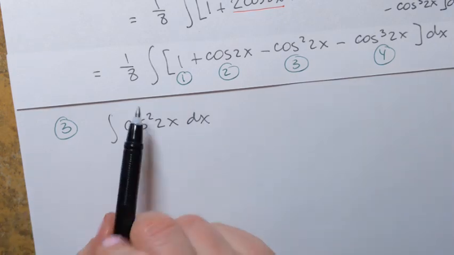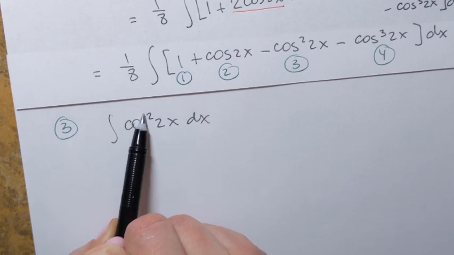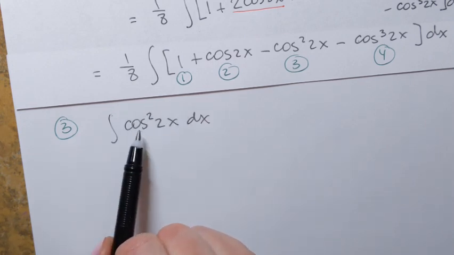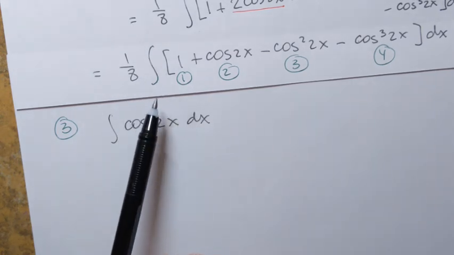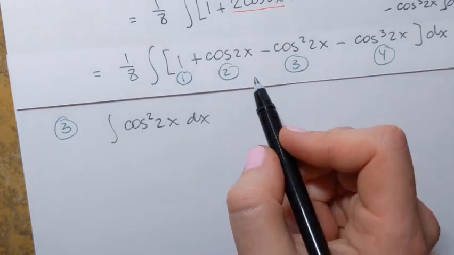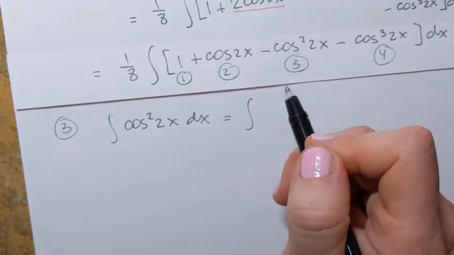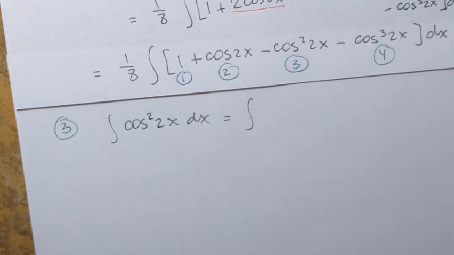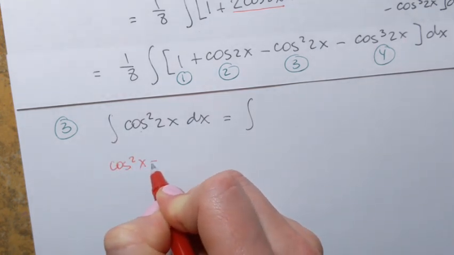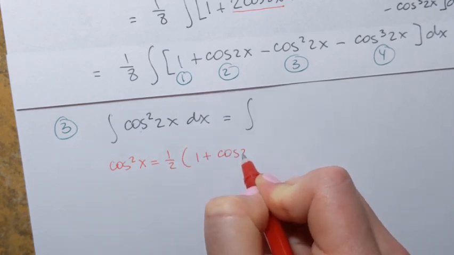Now once again, notice that we have trig function raised to the even power, and there's nothing else there. So the only way to integrate it is by using that same identity for a half angle. So we're going to rewrite cosine squared of 2x. Now I will write the identity, which is cosine squared of x equals 1/2 times 1 plus cosine of 2x.